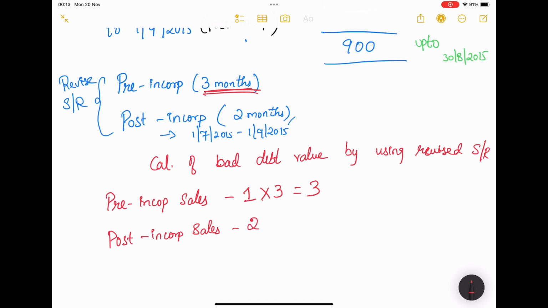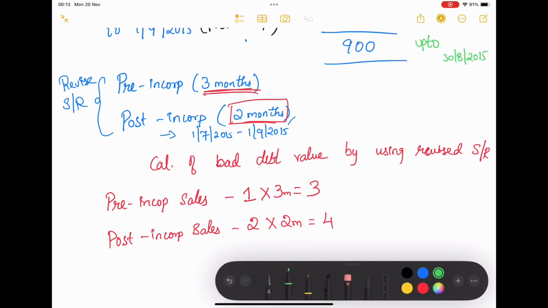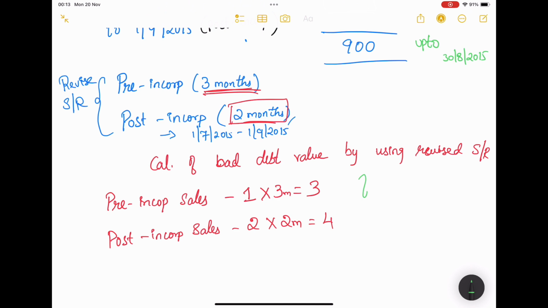We are having 2 months in the post-incorporation as per bad debts adjustments, isn't it? So into 2, so how much? 4. So what is the revised sales ratio? 3:4.